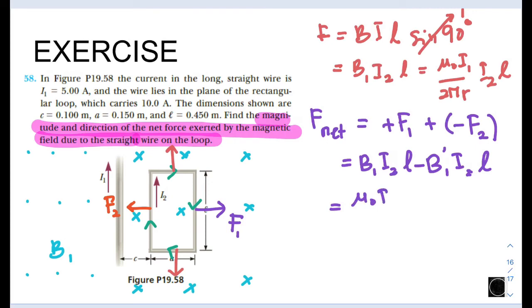Right, so let's open up. Mu naught I1 over 2 pi, what is the R?